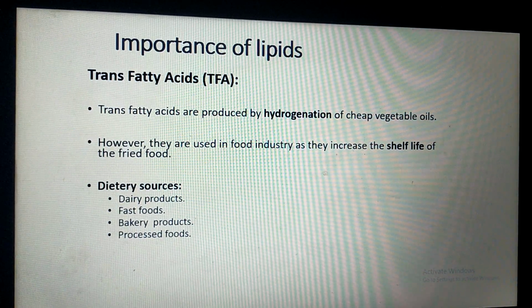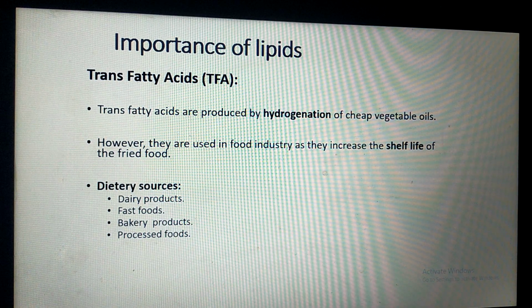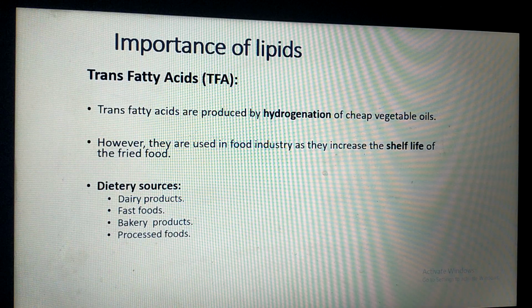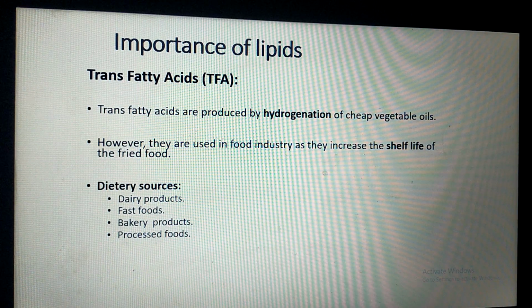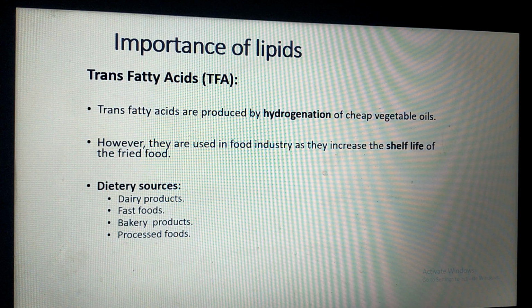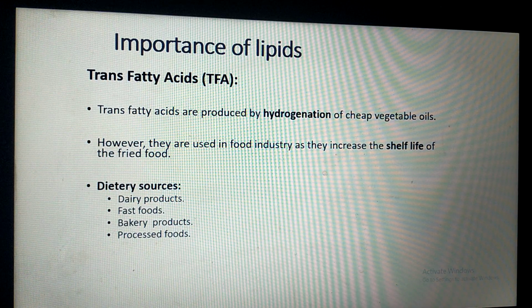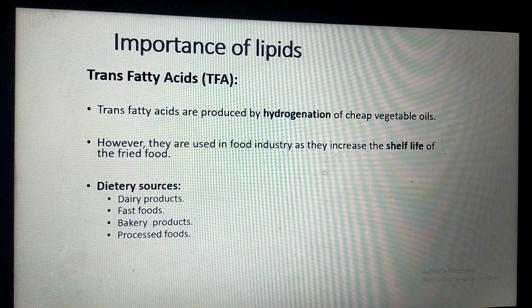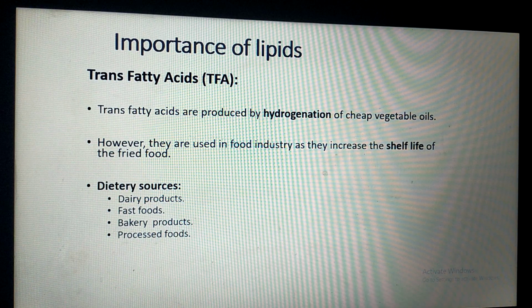Now if you understood hydrogenation, then you can understand trans fatty acids. Trans fatty acids are produced by hydrogenation of cheap vegetable oils. Vegetable oils are generally polyunsaturated fatty acids. These vegetable oils have a short shelf life and they have a peculiar smell.